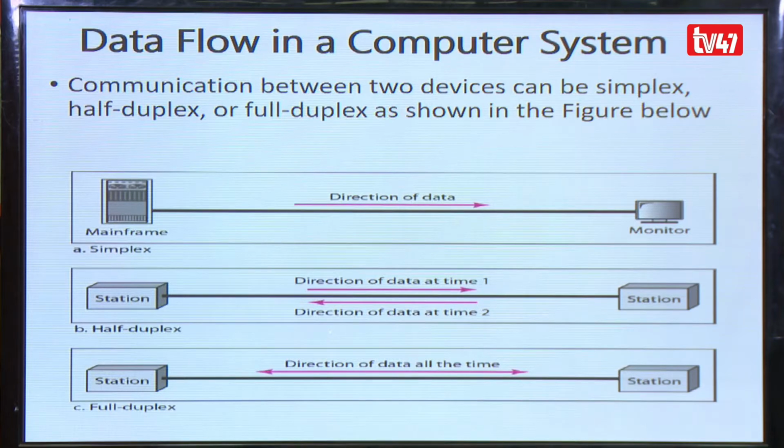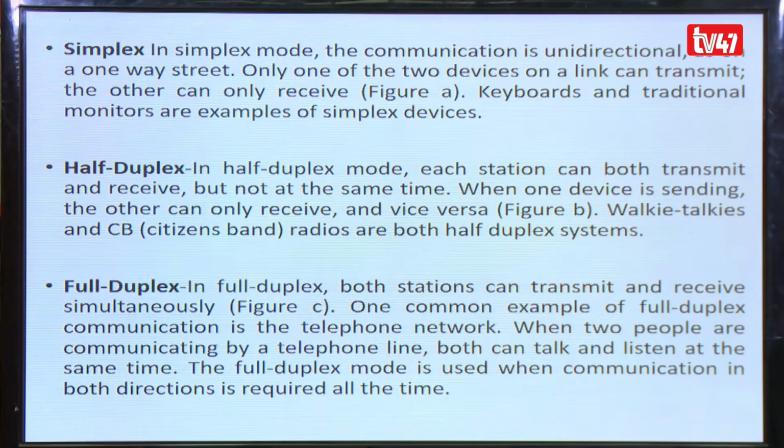Let's just explain the three data flows in a computer system: the simplex, as depicted in this diagram, the half duplex in diagram B, and the full duplex in image C. The simplex mode simply means communication can happen in a unidirectional manner, that is, one way at a time.